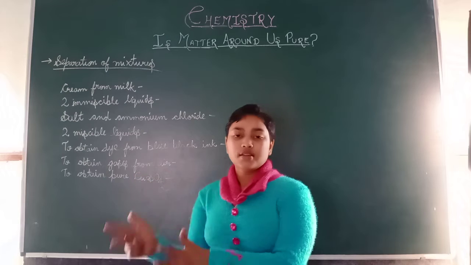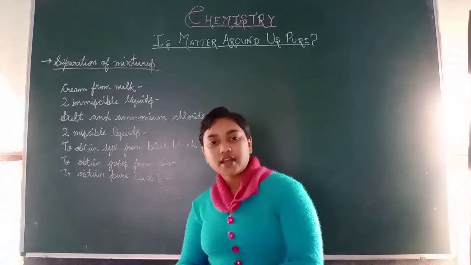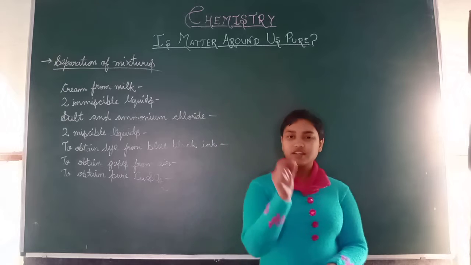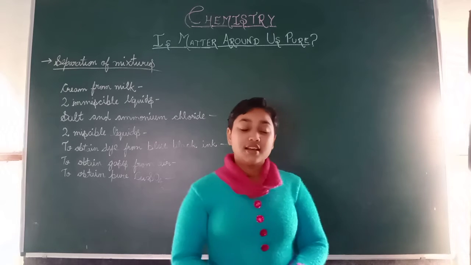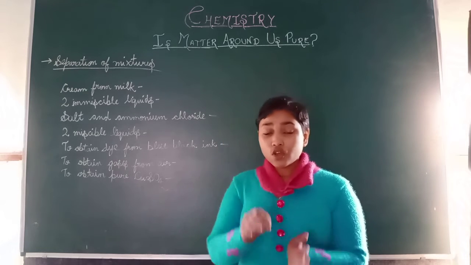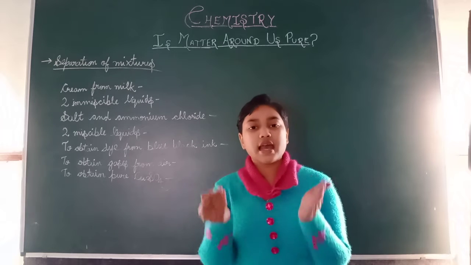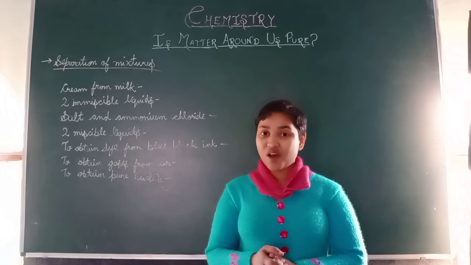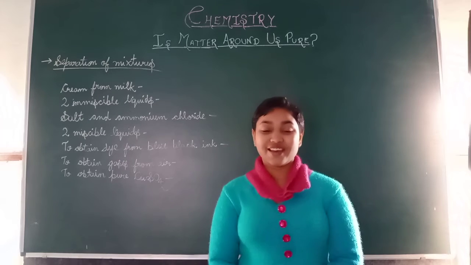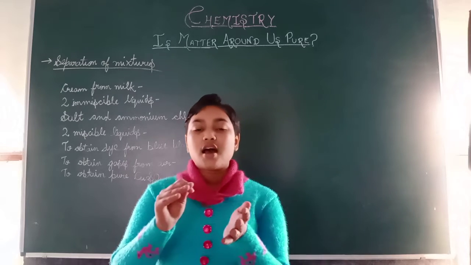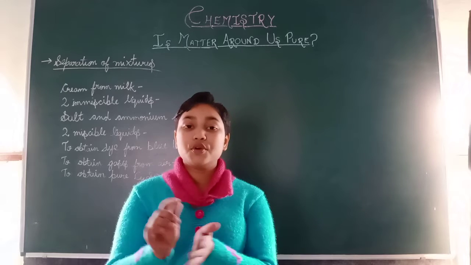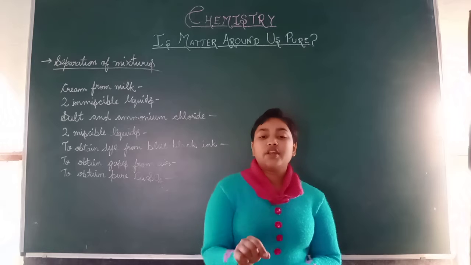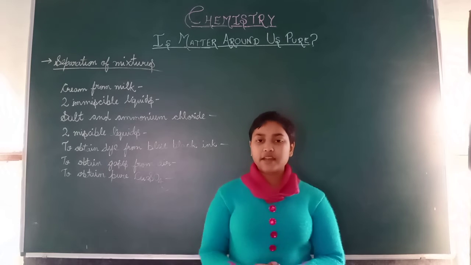Then it is again carried into another tank, and there are little particles like chalk and sand, and those particles are again allowed to settle down. You can imagine how long the process is. And when we are getting the pure water, then they add chlorine. Chlorine is a metal.